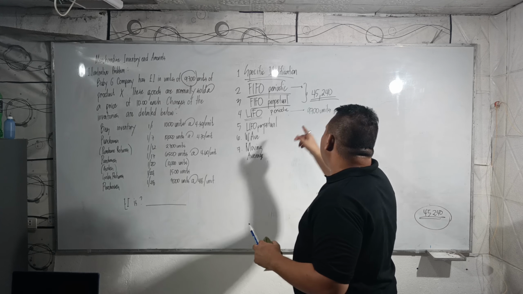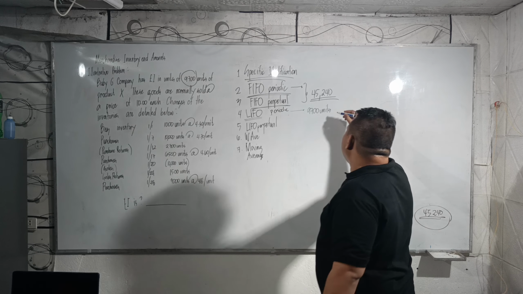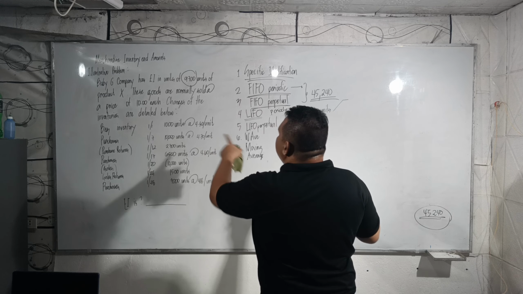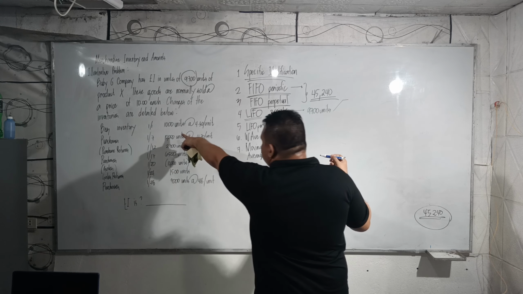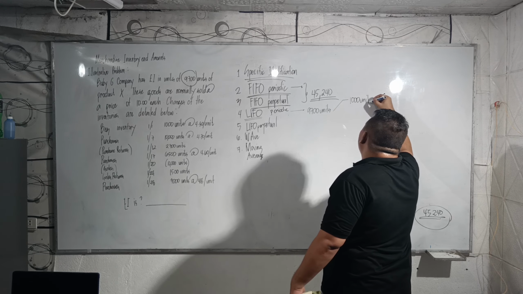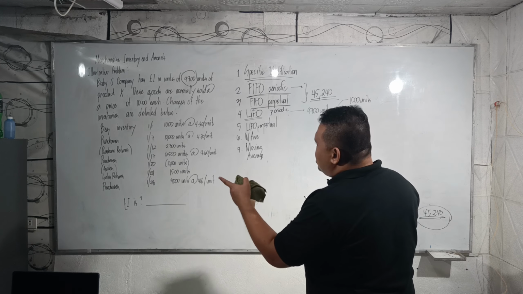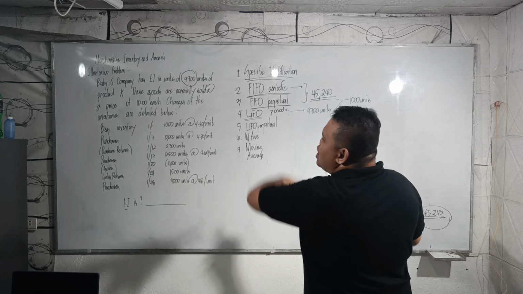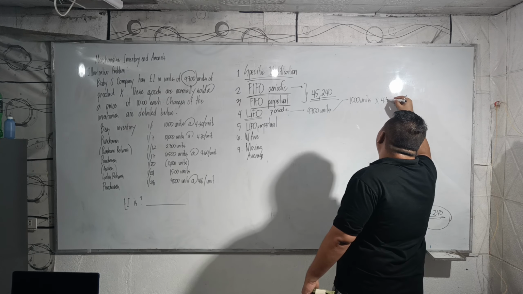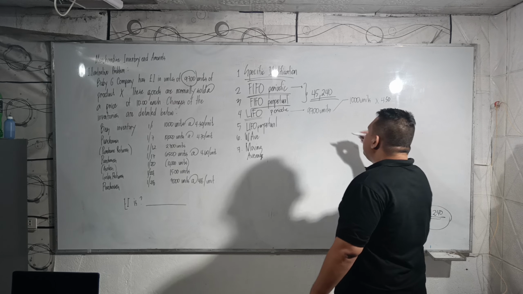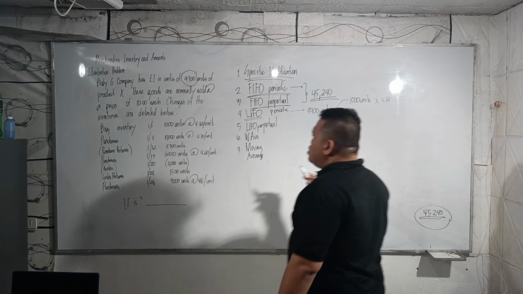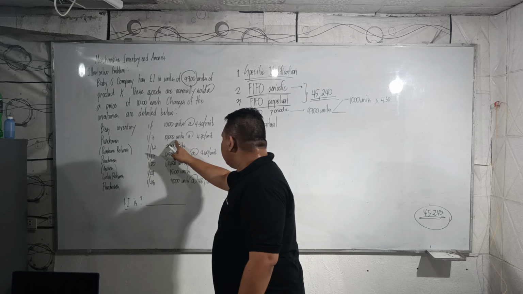So, on LIFO periodic, the 9,700 units might come from the oldest group of inventories, which is this 1,000 units, because that's the beginning inventory that was purchased in the last period. So 1,000 units times 4.5. As to the other 8,700, they might come from here.